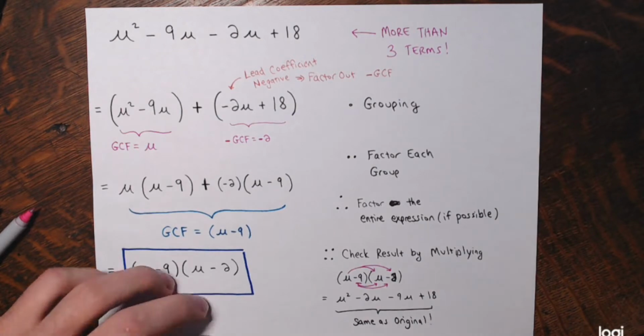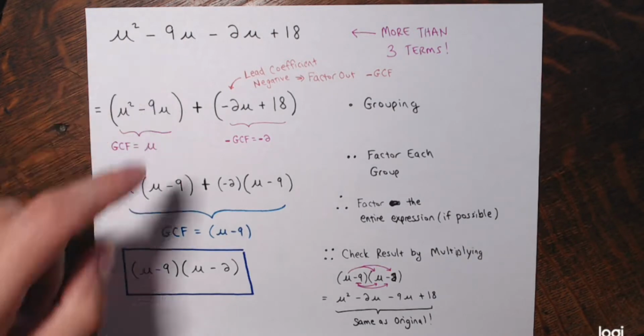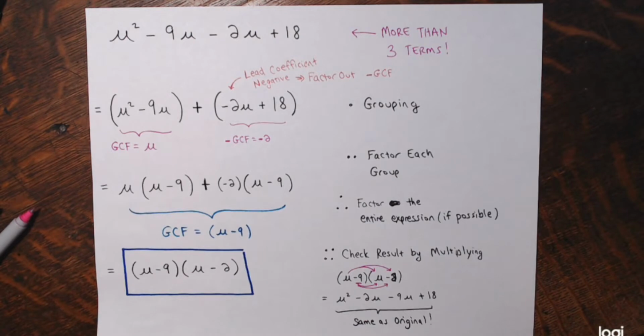And it should be. Okay, if you factored completely and then you want to check, did I do it right? Multiply what you have properly and see if you get the original expression back. And if you did everything correctly and you know how to multiply properly, you should get the original expression back.